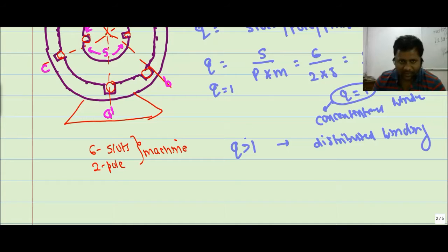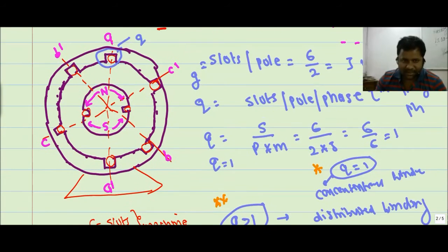This is a very important point: Q equals 1 and Q greater than 1. If Q equals 1, that means the 6 slots per pole is 3 and per phase is 1. So there is only 1 winding, and for concentrated winding we have to put the winding in 1 slot only.